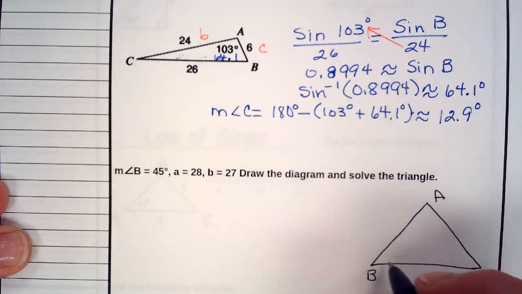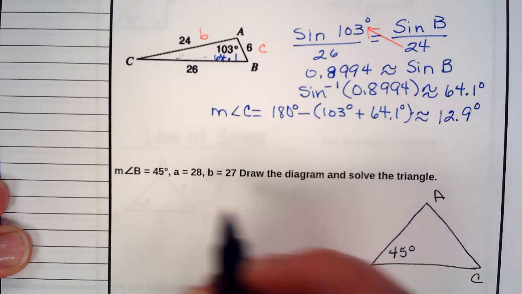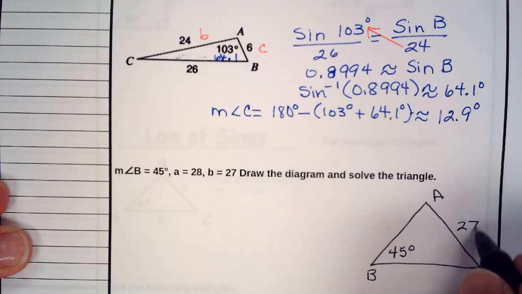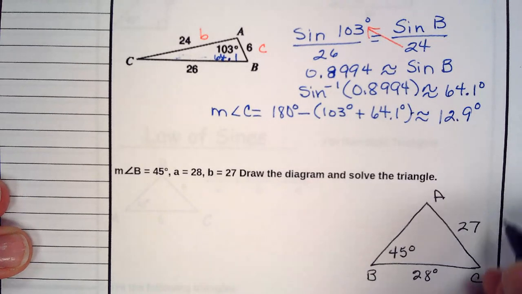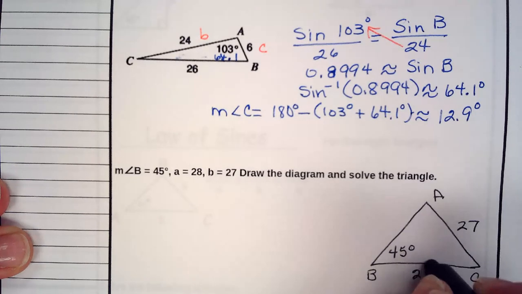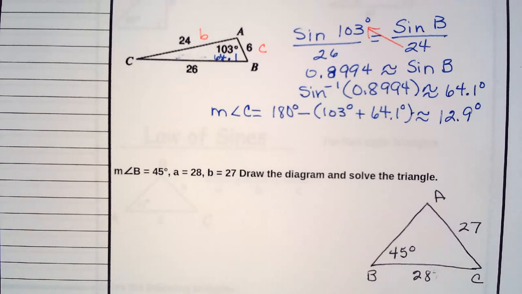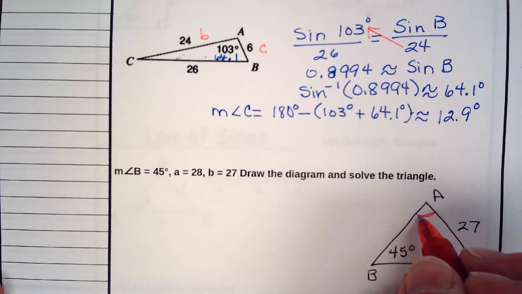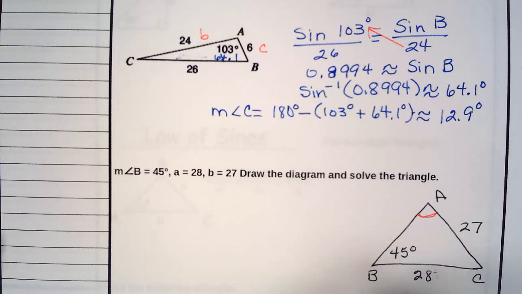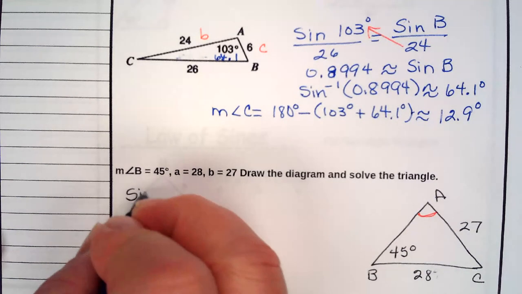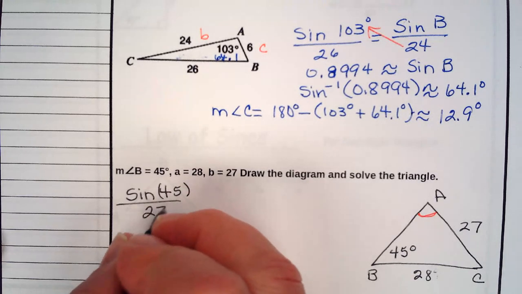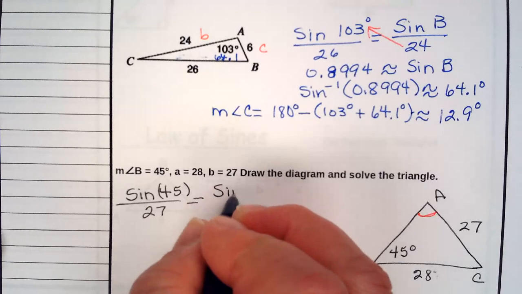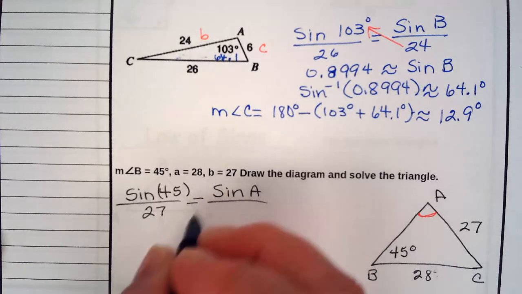Okay, so angle B is 45 degrees. I know side B is 27. Side A is 28. So, what am I going to find first? Now, the first thing I have to do is find angle A. So the sine of 45 over 27 is equal to the sine of A over 28.